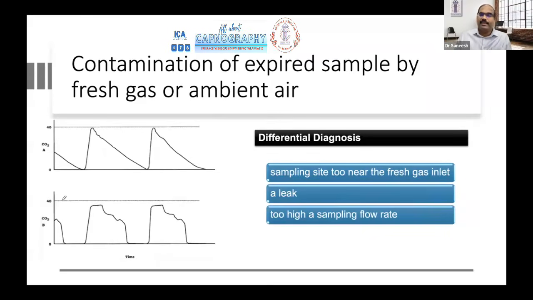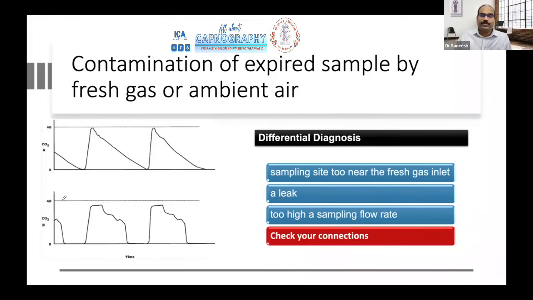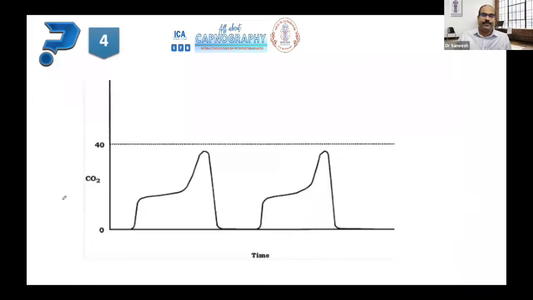It could be a leak or too high a sampling flow rate can also cause issues with the sampling. Okay, I mentioned in the beginning, only if the sampling is good enough, we can have a reflection of the PCO2 level. So check your connections immediately before you venture into other troubleshooting. Okay.